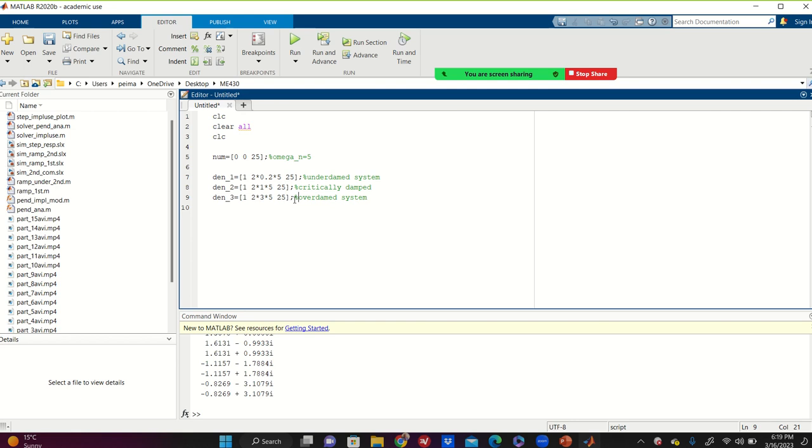Remember, when we plotted the Bode plot for the first order system, we had the low pass filter, high pass filter. And in the first order system, we had no overshoot, as we had for the underdamped second order system. So keep this in mind. Now what I'm gonna do, first I'm gonna plot step, num, and then 1.